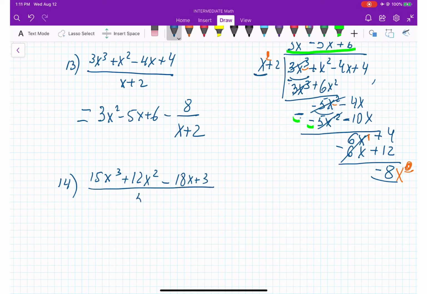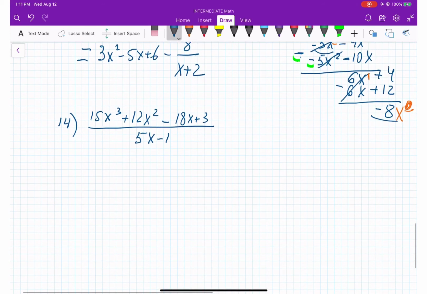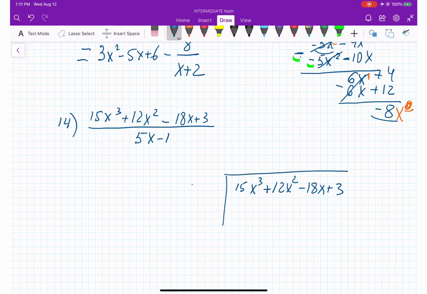And we're dividing by 5x minus 1. Okay. So let's divide. 15x cubed plus 12x squared minus 18x plus 3, and we divide by 5x minus 1.